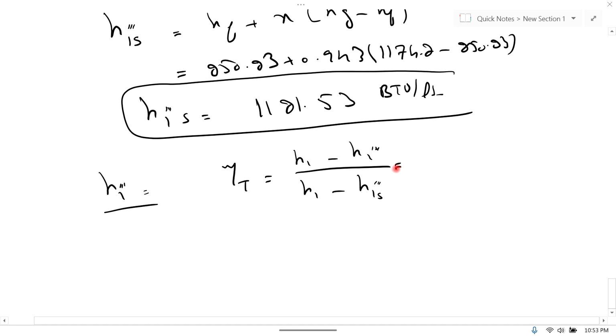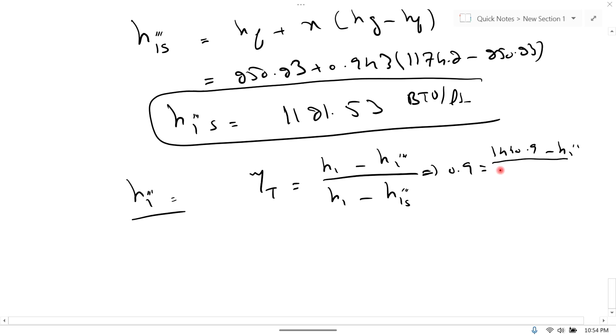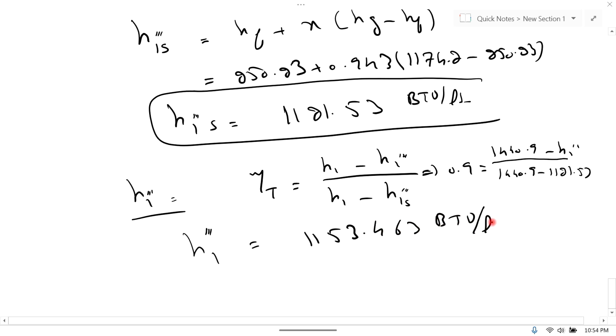Putting values, polytropic efficiency for all sections of the turbine is the same, 0.9 or 90%, and 1440.9 minus H1 triple dash divided by 1440.9 minus 1121.53. So H1 triple dash will be equal to 1153.463 BTU per pound mass.